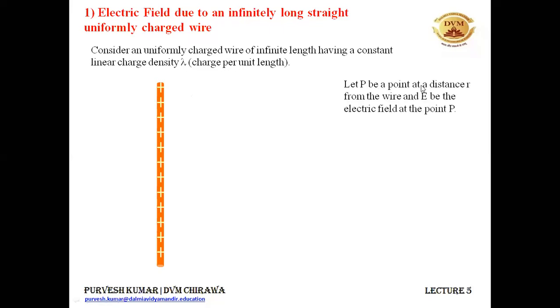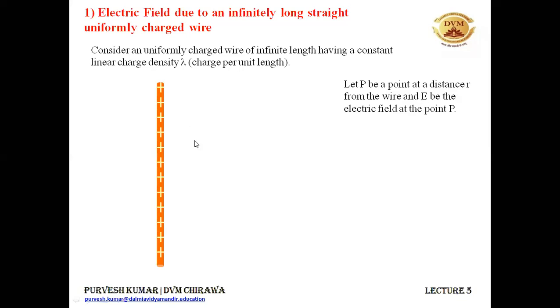Let P be a point at a distance R from the wire and E be the electric field at that point. So we are given a point P which is situated at a distance R from this wire, and we need to find the electric field E at that point because of this wire.